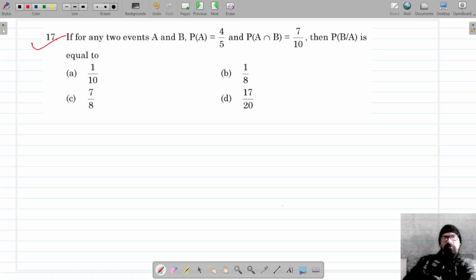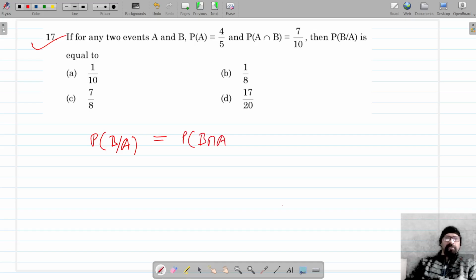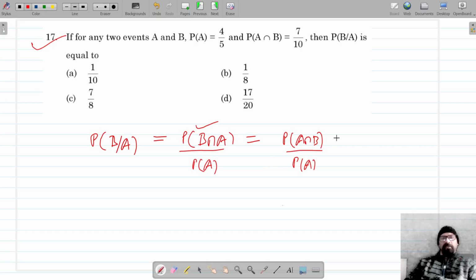Okay, for question number 17, it's given that for two events A and B, the probability of A is given, the probability of A intersection B is given, and we have to find the probability of B by A. So to find the probability of B by A, the formula is probability of B intersection A upon probability of A. Now B intersection A is equal to A intersection B, so I can write this as 7 by 10, and the probability of A is 4 by 5.